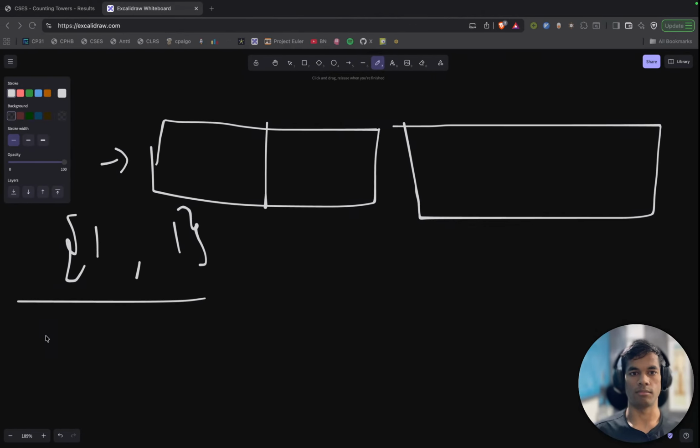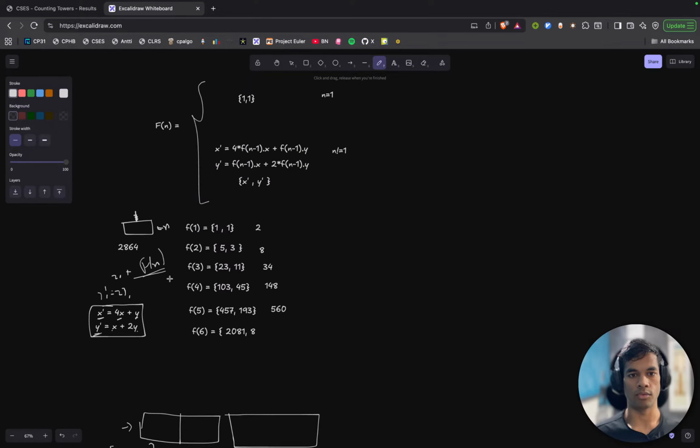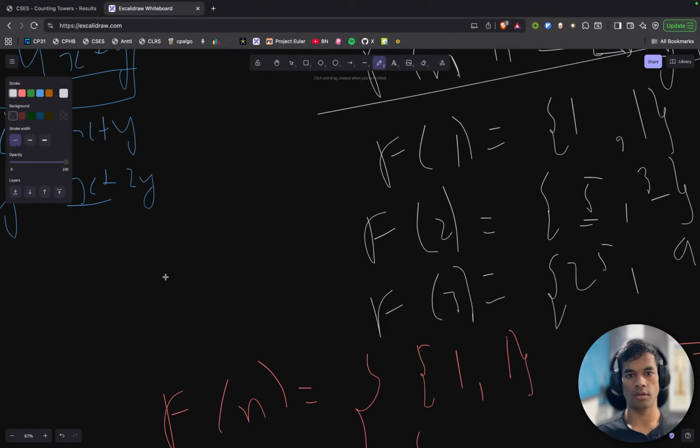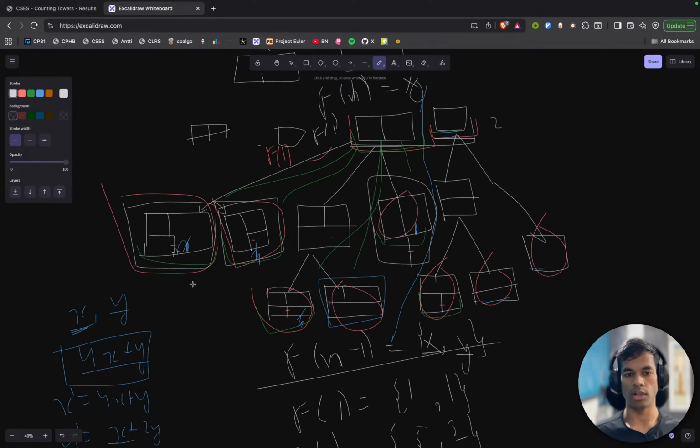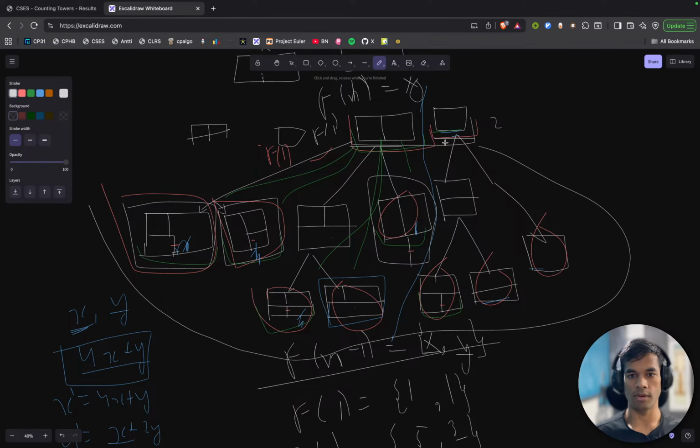That is because here we went through all the possibilities that there could be, and we figured out what are the plots within plots.